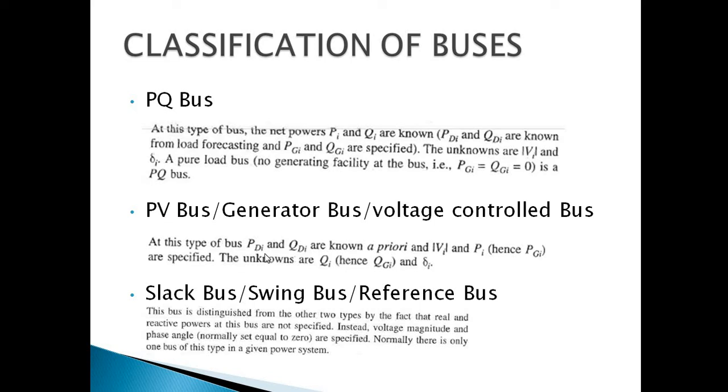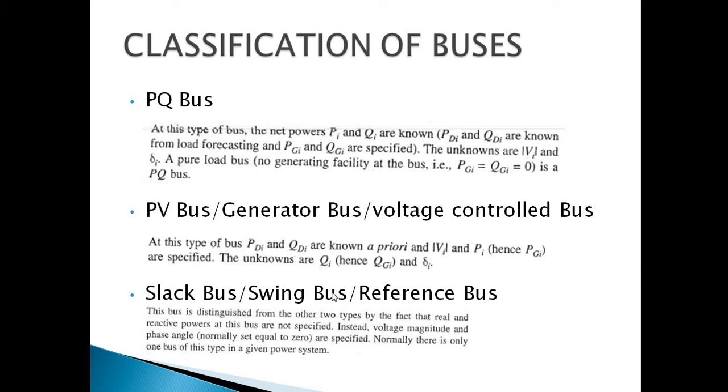At this type of bus, the demand is known, the voltage V at the bus and P are known, and the unknowns are the injected reactive power and delta.